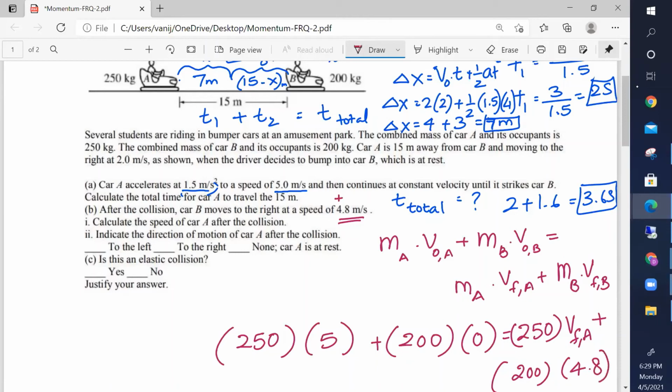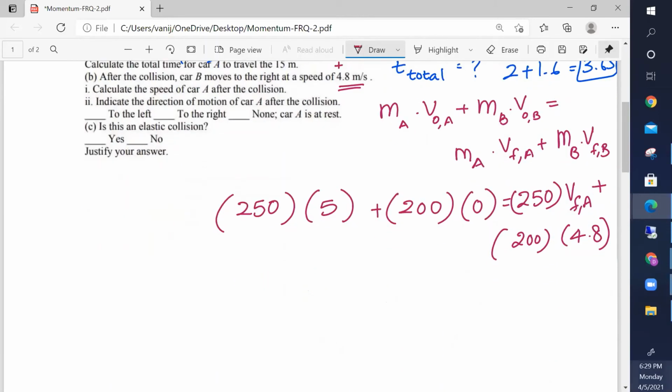So this is anyway gone, that's going to be 0. So 250 times 5 is 1,250, which is equal to 250 V final of car A plus 200 times 4.8, which is 960.